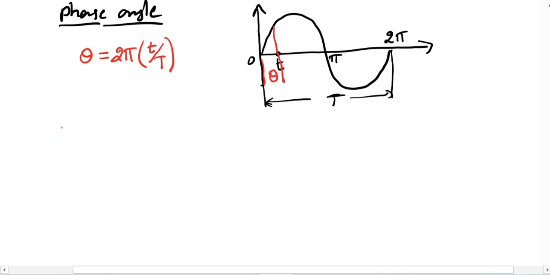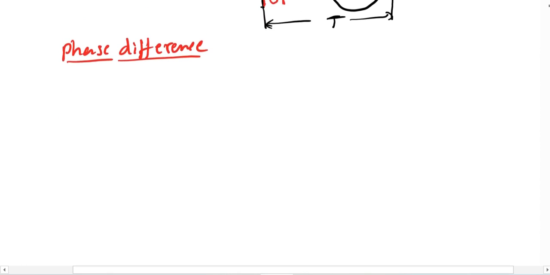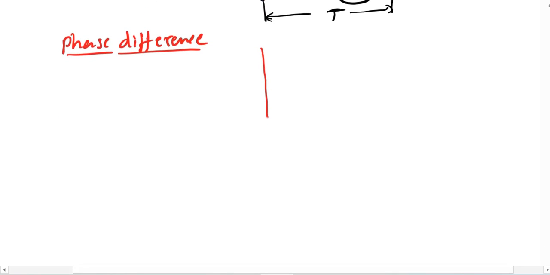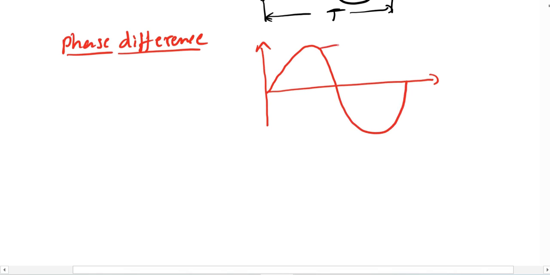The next one is phase difference. Suppose I have a waveform something like this, some quantity, and I also have another waveform which starts from the 0 point somewhere here.